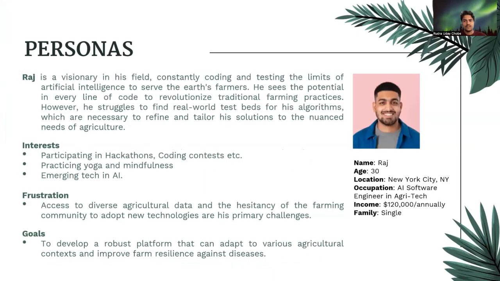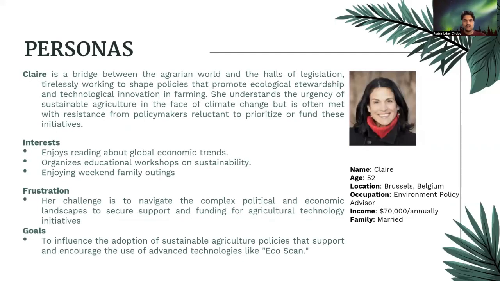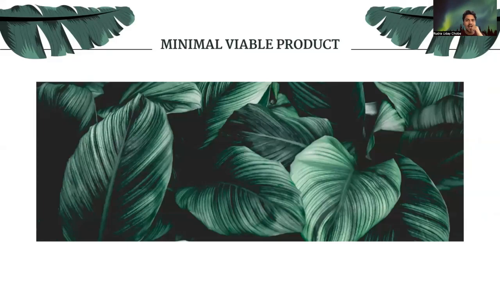Next is Raj, the techie guy who is working on coding contests, and he's trying to make changes to the existing software that is available in the market. And the third one is the legal advisor, an intermediary between the guys and the coding. Next.